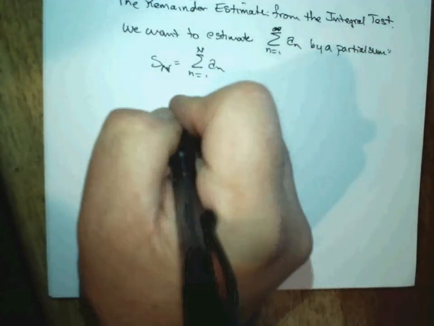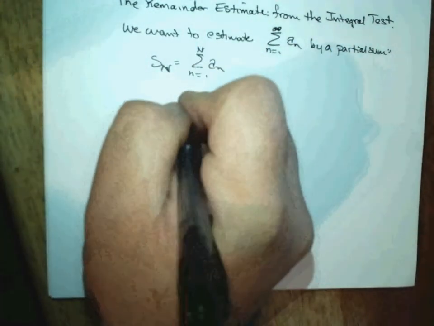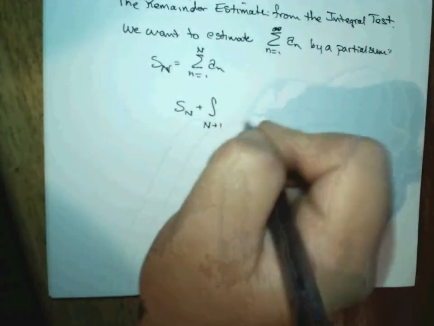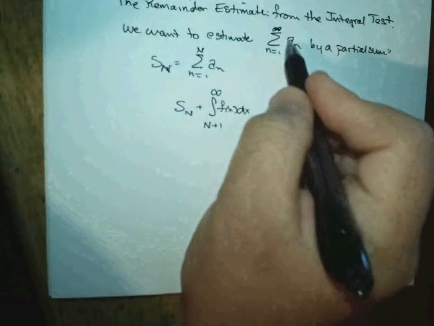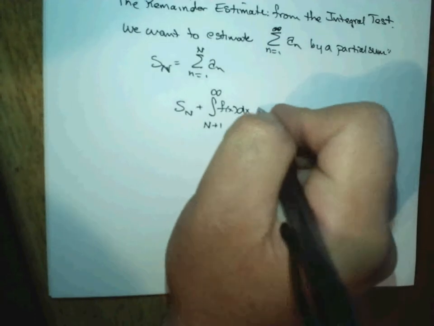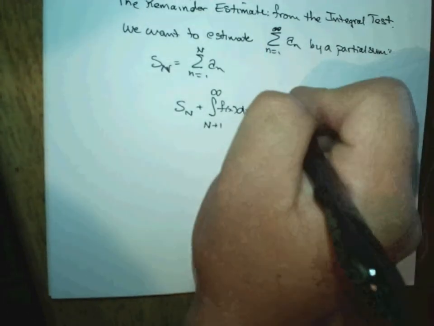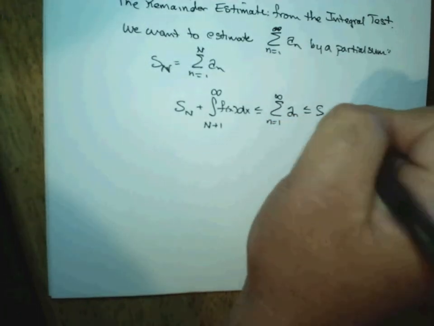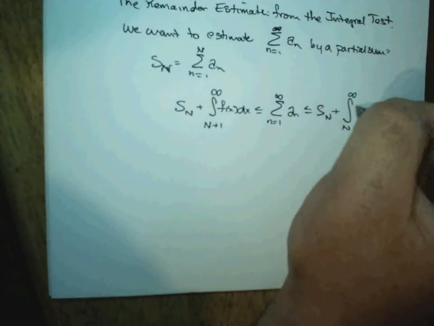And so what we notice is that the partial sum plus the improper integral from n plus 1 to infinity of the continuous version of this, by the integral test, is less than or equal to the infinite sum that we're trying to estimate, which is less than or equal to the partial sum plus the improper integral from n to infinity.